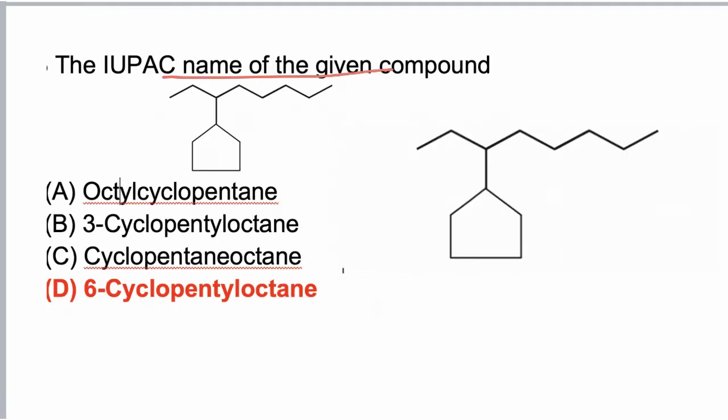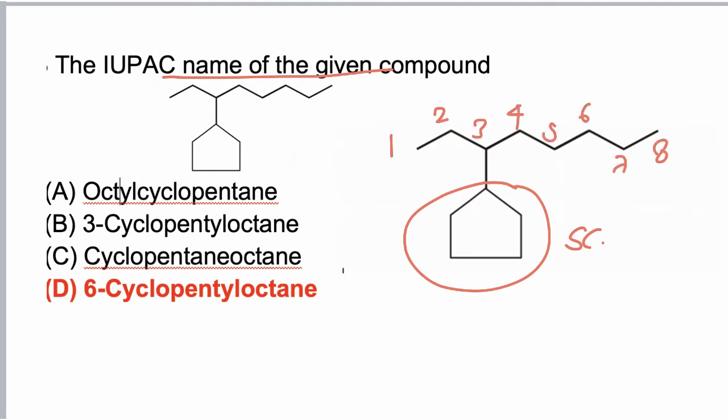First we have to select the principal chain. The ring has a total of 5 carbon, and the open chain has a total of 8 carbon. If an open chain and a ring are both present, then the ring having 6 carbon atoms is given higher priority.